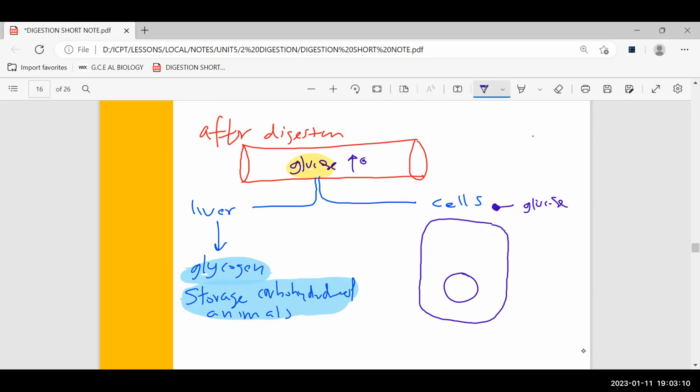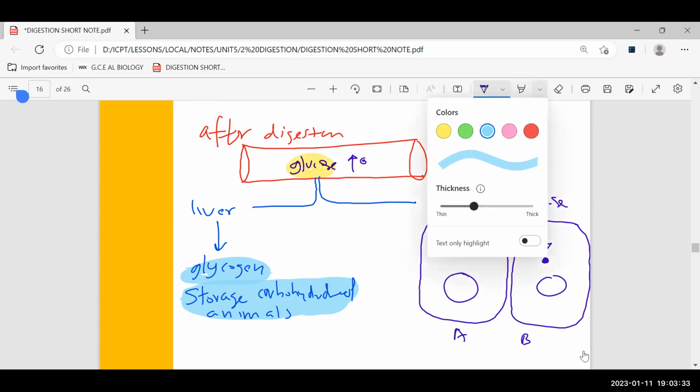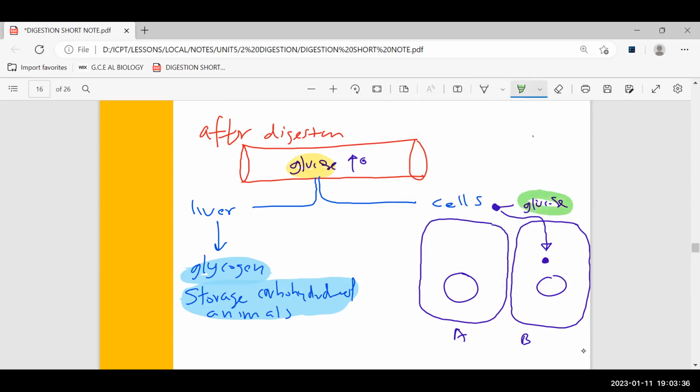So let's say there are two cells, cell A and cell B. Now cell B has no issues. Glucose can go into the cell. After that, it is used to produce energy. So you have learned cellular respiration. The glucose enters glycolysis, the link reaction, the Krebs cycle, and then it produces energy.